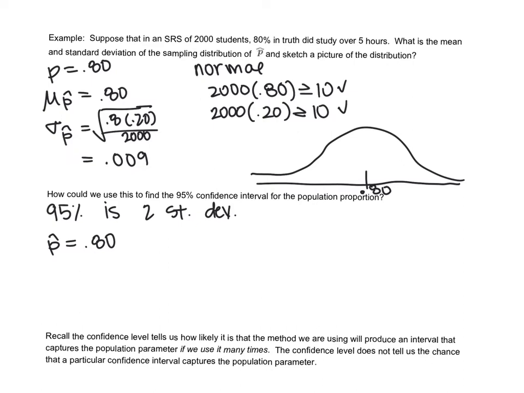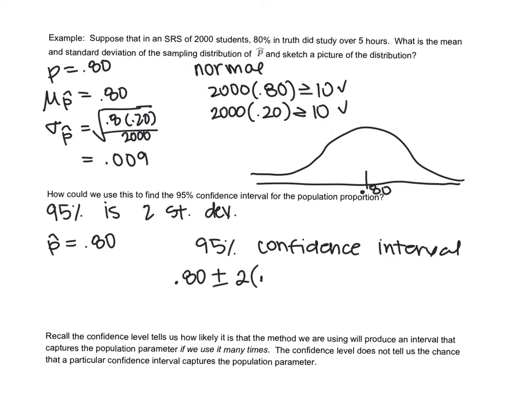And that means a 95% confidence interval is found by taking our p hat, 0.80, and adding and subtracting our 2 standard deviations, which becomes 0.80 plus or minus 0.018.